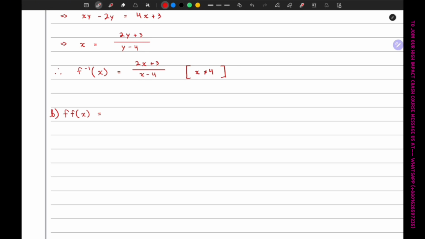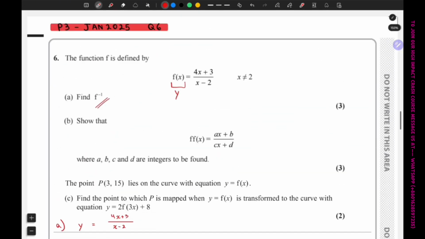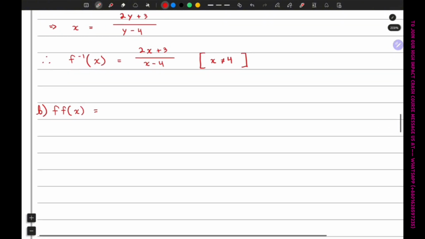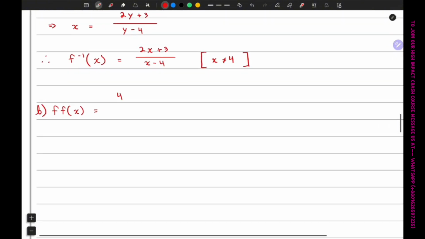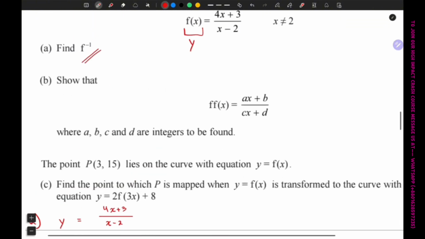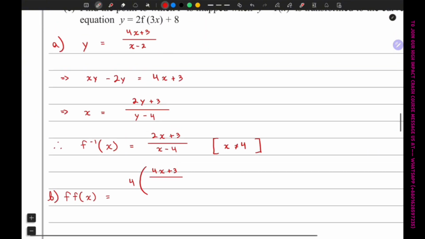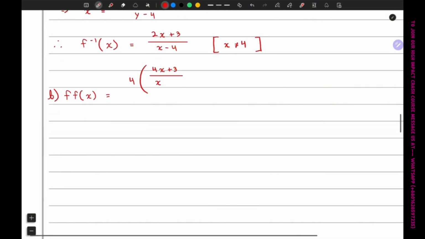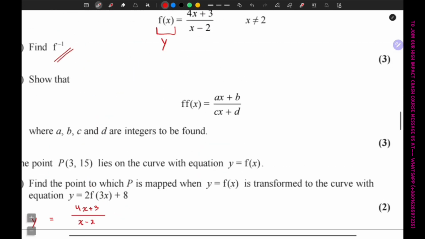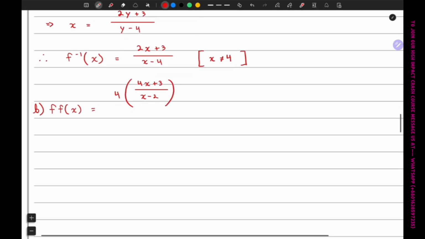Please look at it if you are still confused about functions. So at x we will substitute the function f(x), which is 4x plus 3 divided by x minus 2, plus 3.